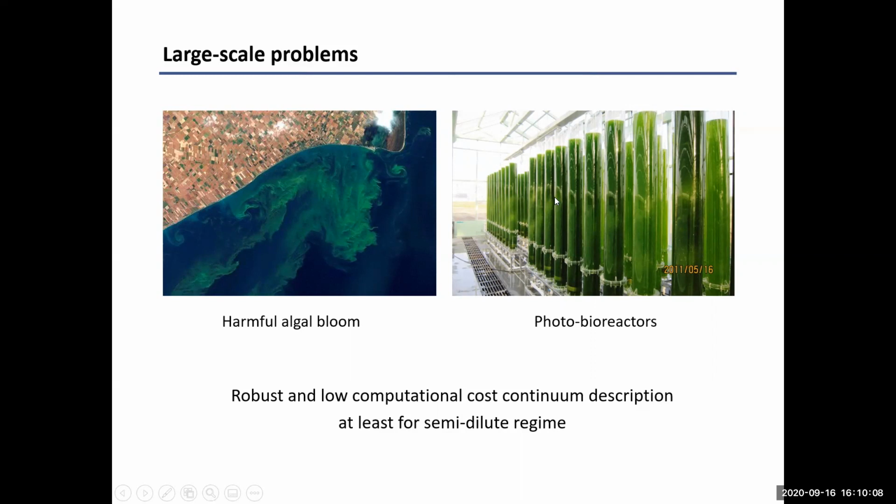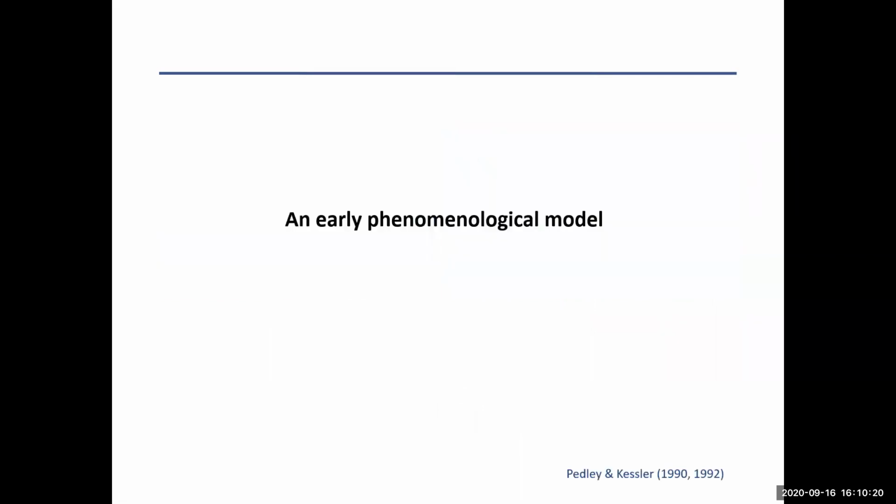So we want nothing more than something like the advection diffusion equation, but we also want that model to deal with the semi-dilute regime. That's our objective. I have understood this is a hard problem for many years, but today I'm going to present some progress that we have made this year.